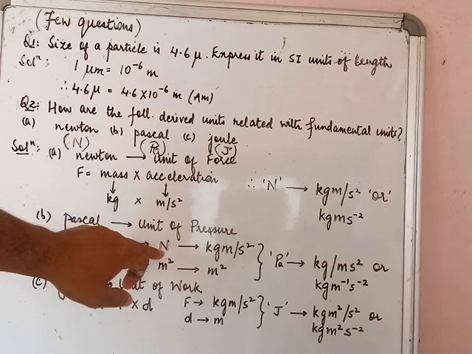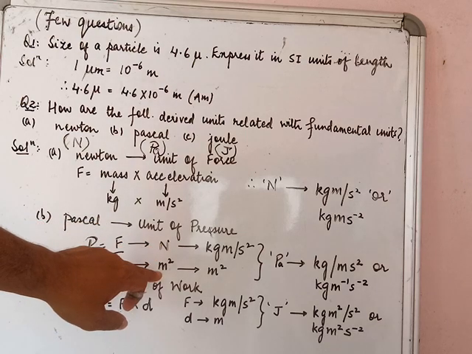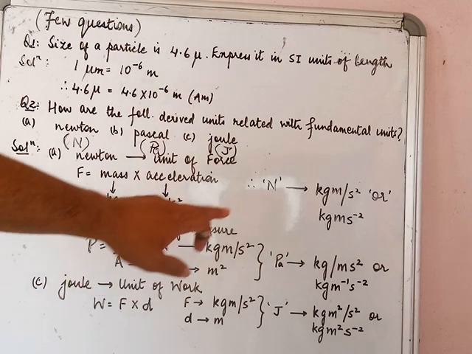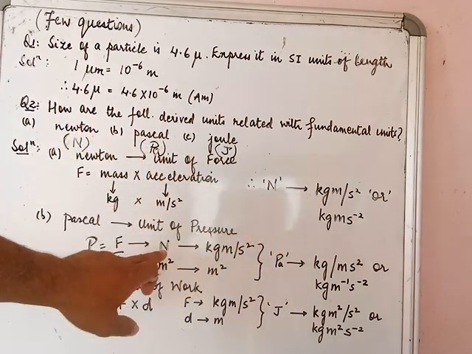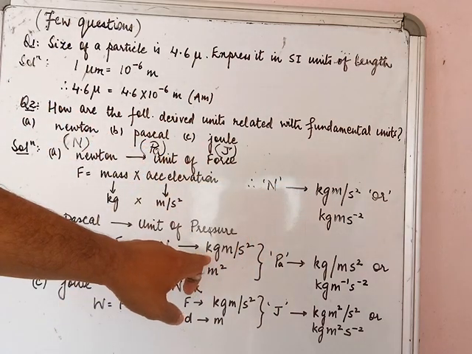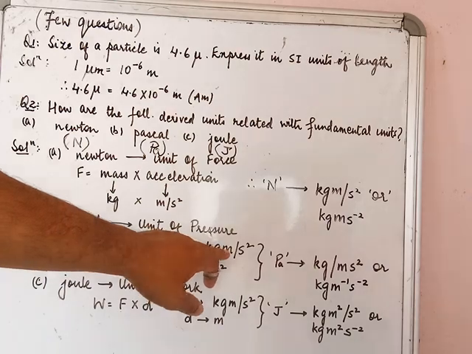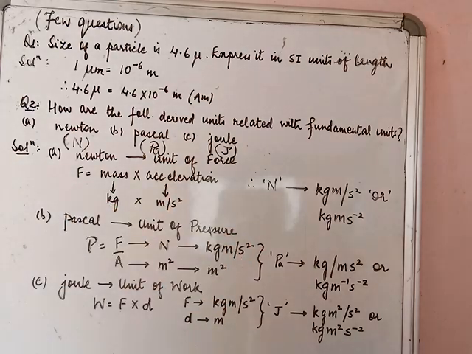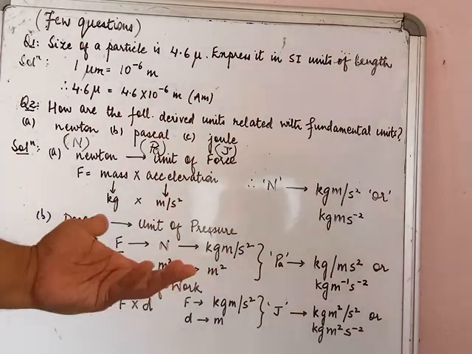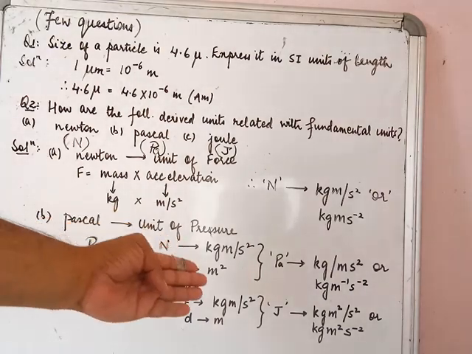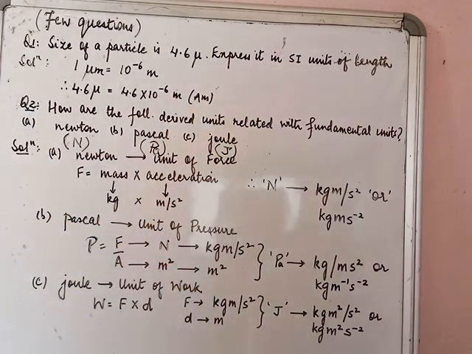Force has a unit Newton, area has a unit meter square. Newton we have already seen in the first part, derived from kg meter per second square, and meter square is already in terms of meters, which is a fundamental unit.